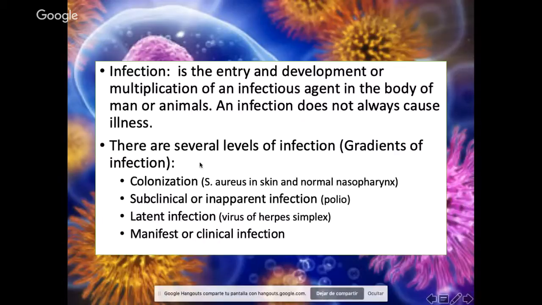First, we have the colonization, where, for example, the Staphylococcus aureus we can find in the skin and in the nasopharynx. Then we have a subclinical or inapparent infection like polio. Then we have a latent infection like the herpes virus. Then we manifest a clinical infection.